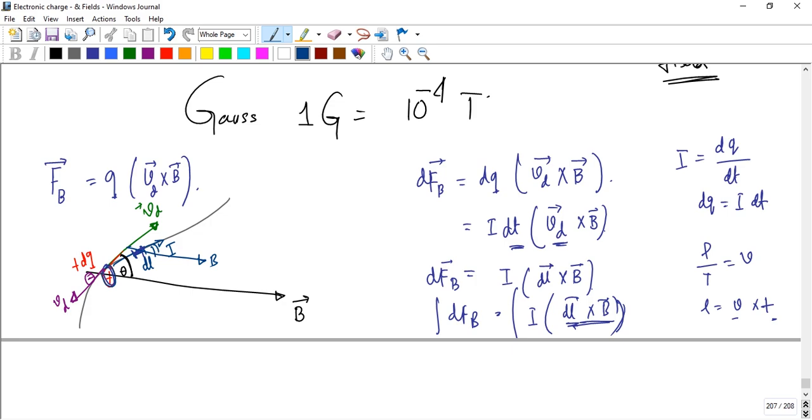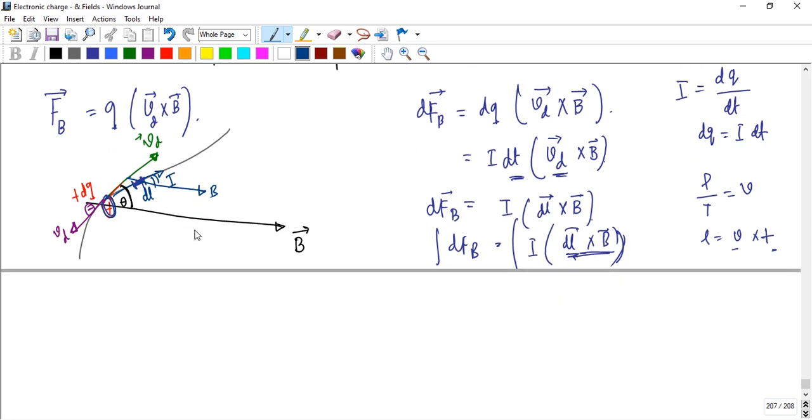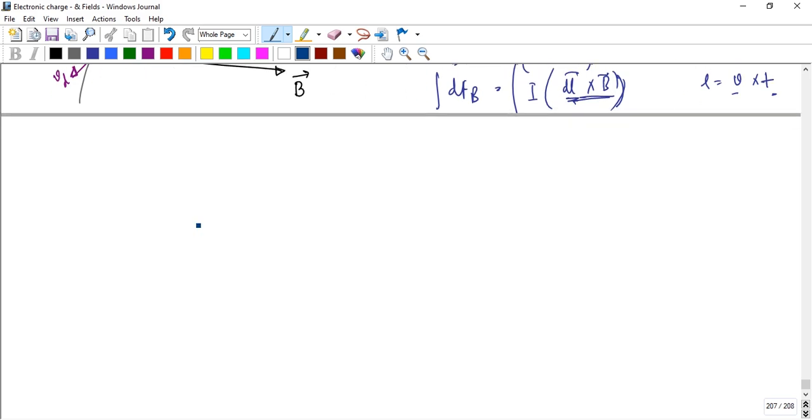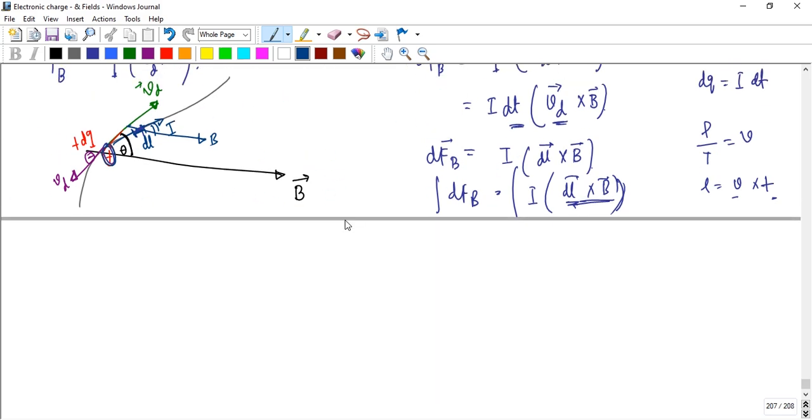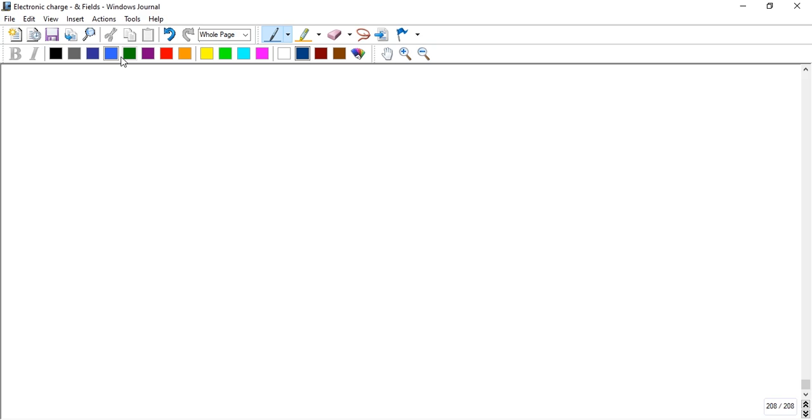We get the force. Now, for elaboration, take an example: a current loop.